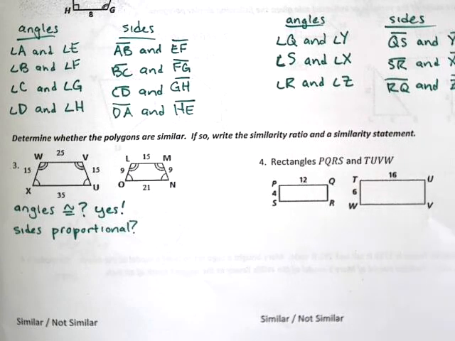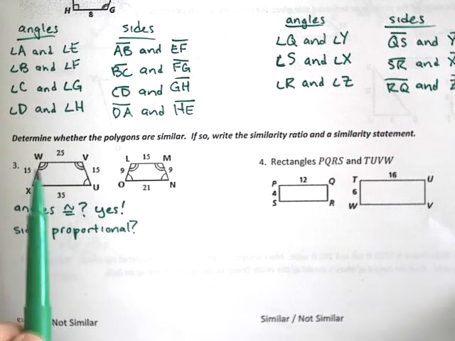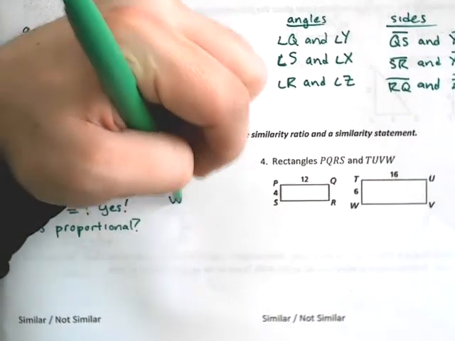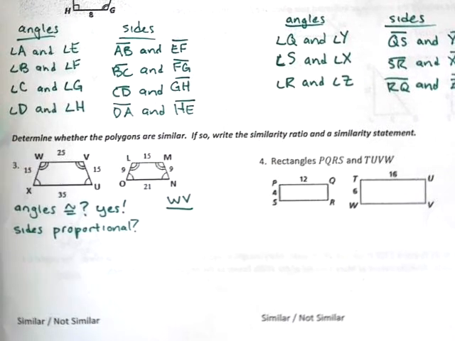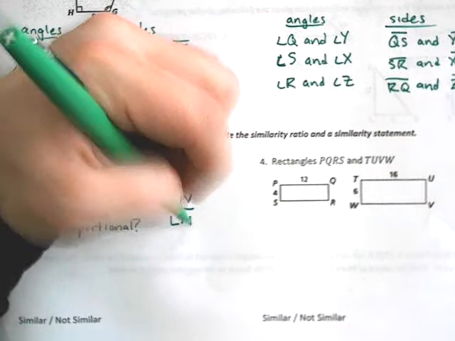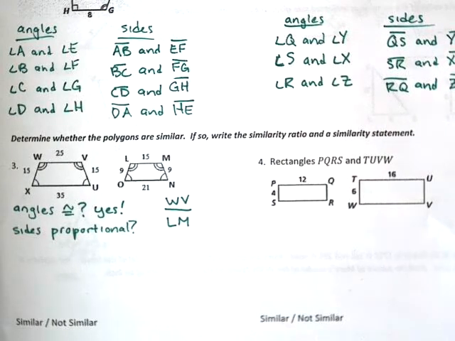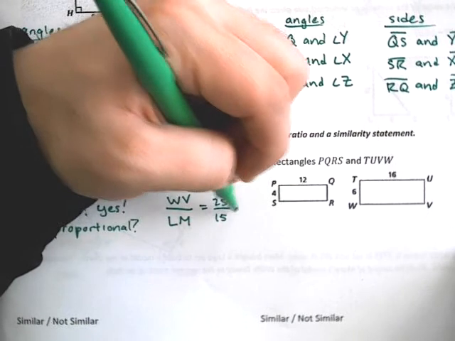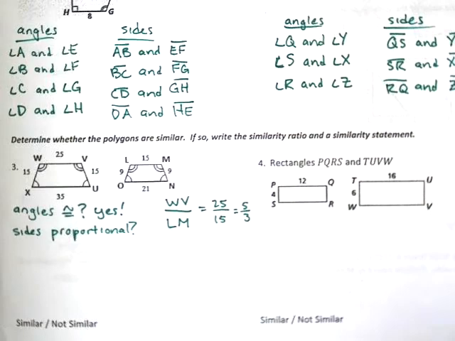If I'm talking about WV in one triangle, WV is going to be the same as LM in my other polygon. So this is equal to 25/15 or 5/3.